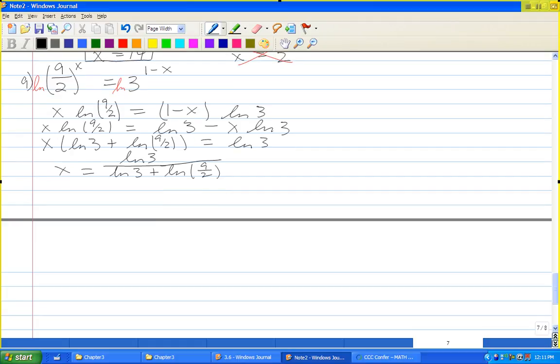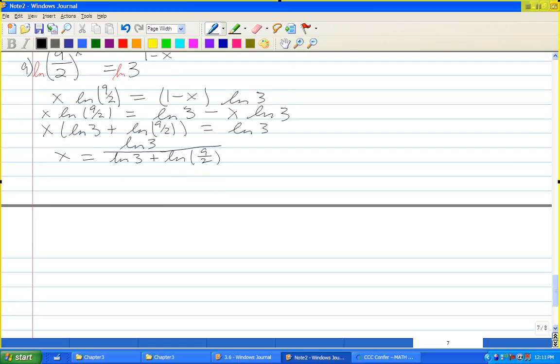Okay, so that's an answer. The same as ln 3 over ln 27 minus ln 2. I like that answer better. It just looks a little cleaner. So that's A.